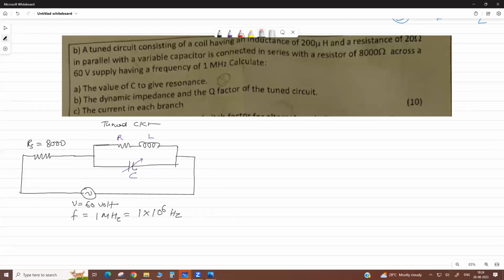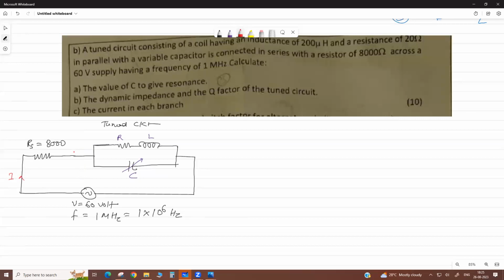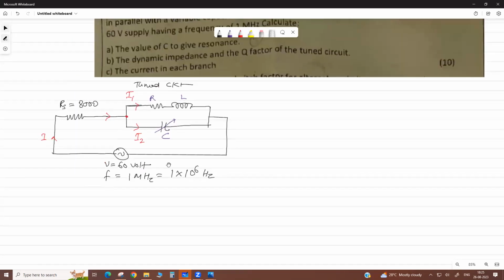Here the total current is I. This current is divided into two parts, I1 and I2: IL, the current through the coil, and the current through the capacitor. Or you can denote them as branch 1 and branch 2 currents.